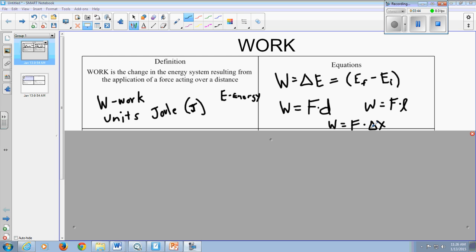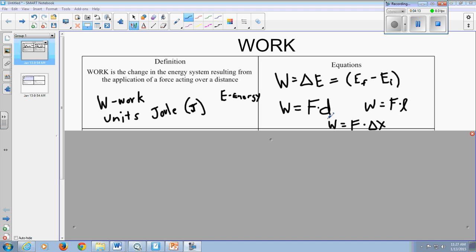So you may encounter any number of these equations. They're all the same equation. It's just a difference in how you denote distance. And if we're working with straight lines, which we are doing most of the time in here, then displacement is equal to distance. So it's not really a huge deal.